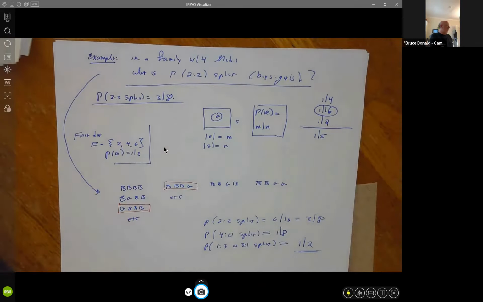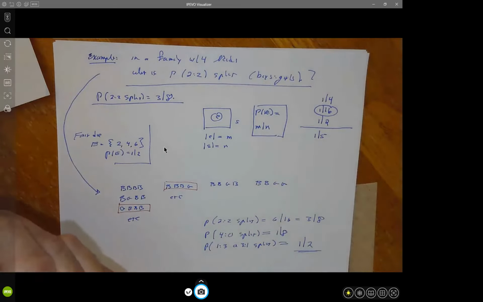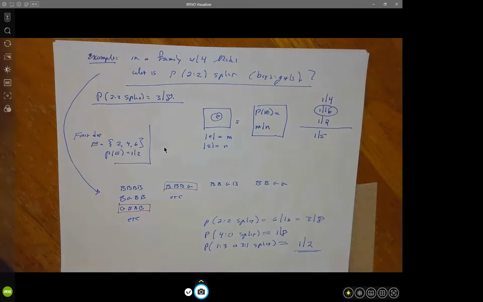Okay. Now, in the remaining time, I want to make some connections to science in general. I want to show some stuff on my device about the role of probability.